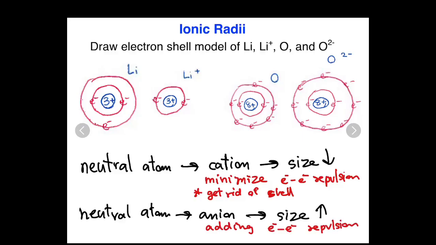So in this case, the electrons would stay further away from each other, therefore it's going to increase the size of the atomic radius. Again, the atomic radius is measured from the nucleus to the electrons that are left in the ion. So this would be the distance from the nucleus to wherever the electron is left in an atom or in an ion.